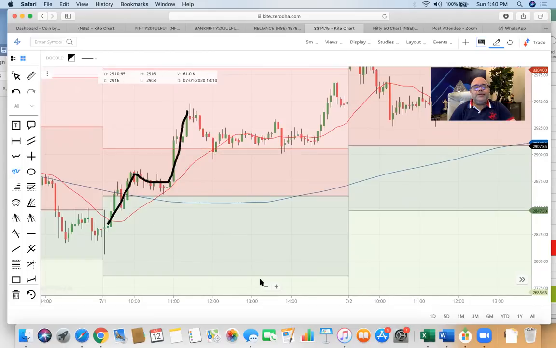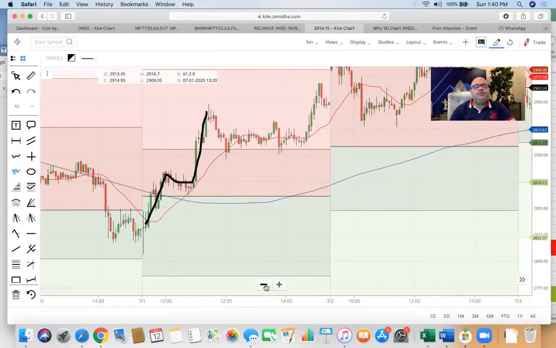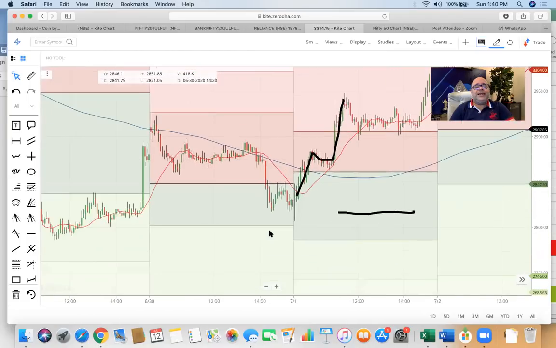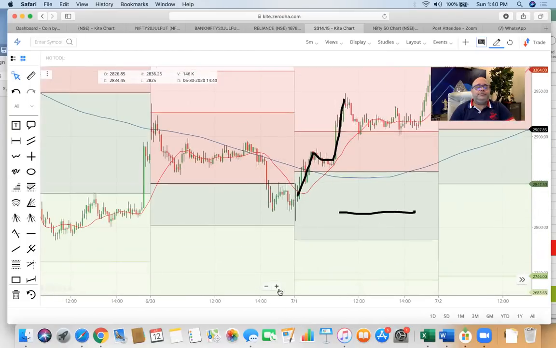Okay, again, always useful to go back and see whether there is anything to the left. You can see this congestion was to the left of this price action.